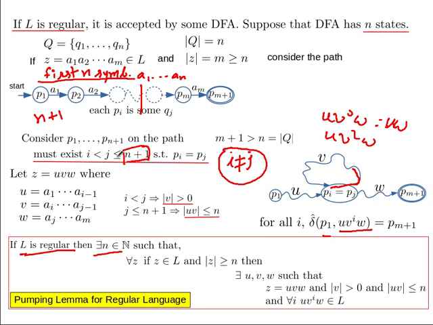And also j is less than or equal to n plus 1, that means this UV together, you have processed some number of symbols, then you process some more symbols, so this and this together take j minus 1 many symbols.